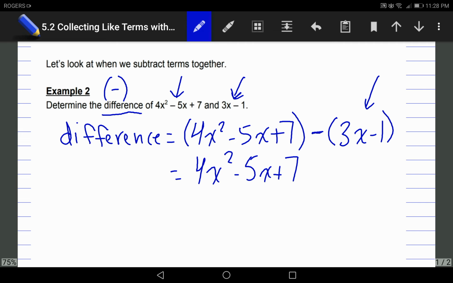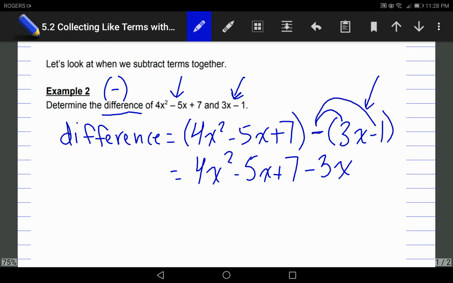This is minus a positive 3x. So inside that bracket is 3x, which is really just a positive 3x. So a minus and a positive side by side, what wins that? The minus sign. And now I have a minus negative 1.